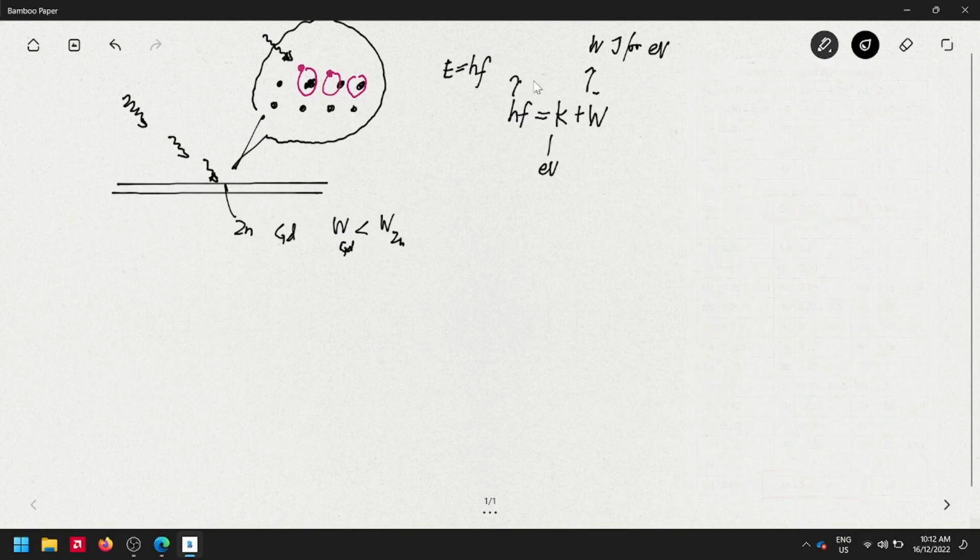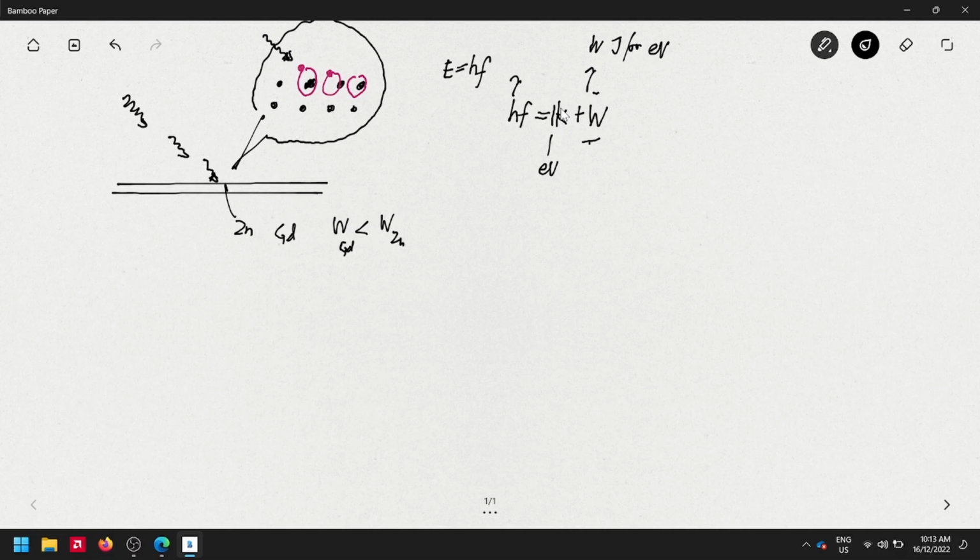Once I have given my hf to the electron, then the electron will use some of it to oppose the nuclear force. So that amount of energy consumed is inside W, okay? And then the remaining energy from hf is given by K, which will be used by the electron as kinetic energy.